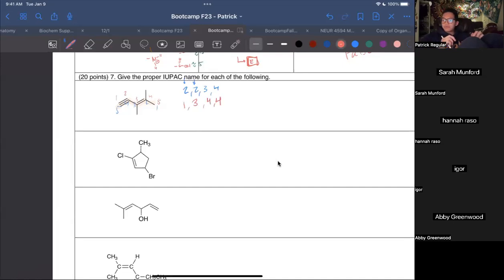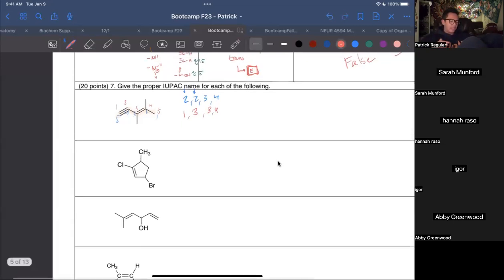So which one takes priority? Well, automatically, left to right has the lowest numbering scheme because of that first number. So we would go left to right. So we would get 3,4-dimethylpent-3-en-1-yne.